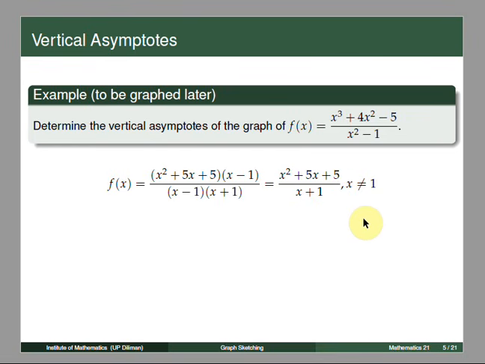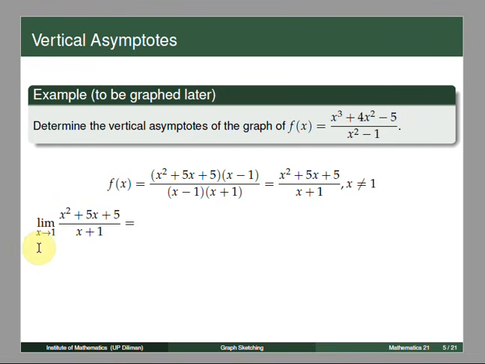Okay, you might suspect that the vertical asymptotes are x equals 1 and x equals negative 1 since they make the denominator 0. But let us compute limits to verify this. Now, if you take the limit as x approaches 1, we can actually cancel x minus 1 since x approaches 1. You'll just get x squared plus 5x plus 5 all over x plus 1.